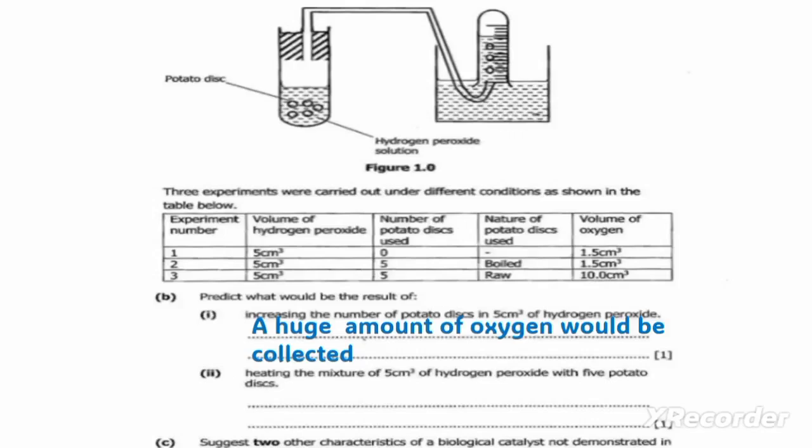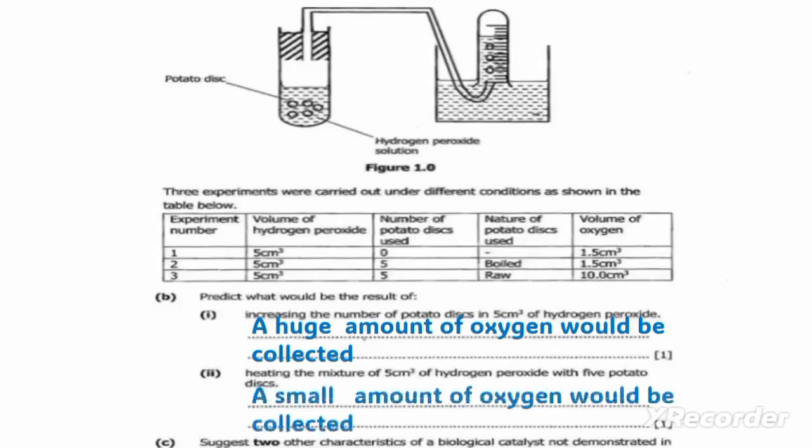Predict what would be the result of heating the mixture of 5 cubic centimeters of hydrogen peroxide with the 5 potato discs. So a small amount of oxygen would be collected.